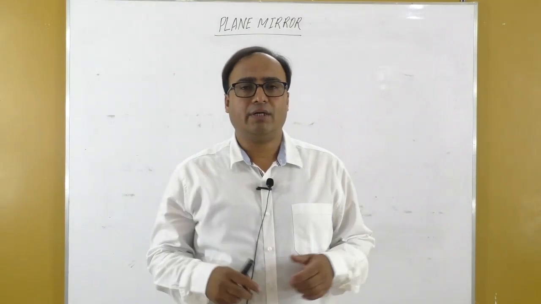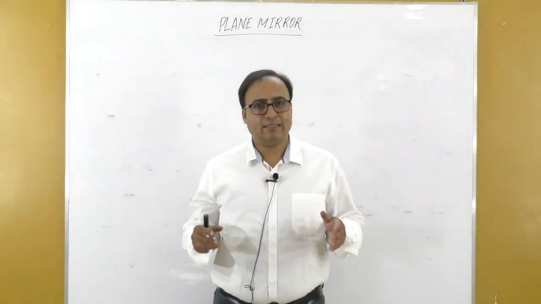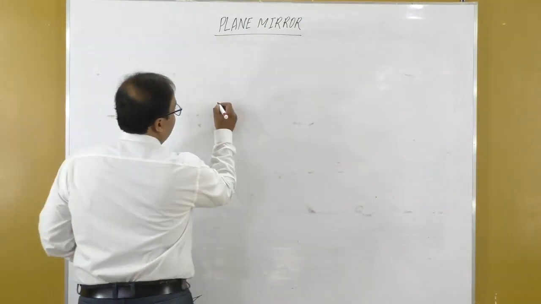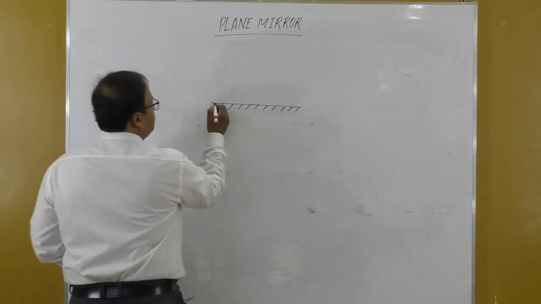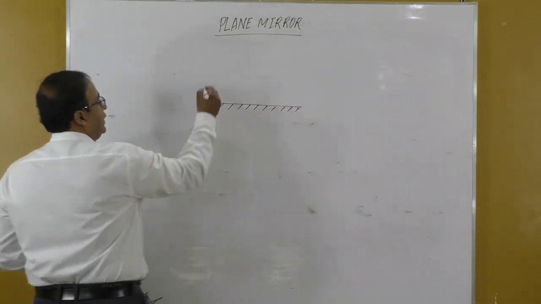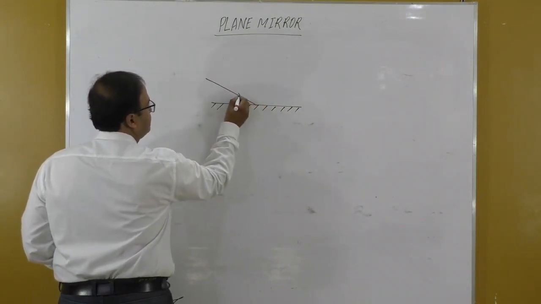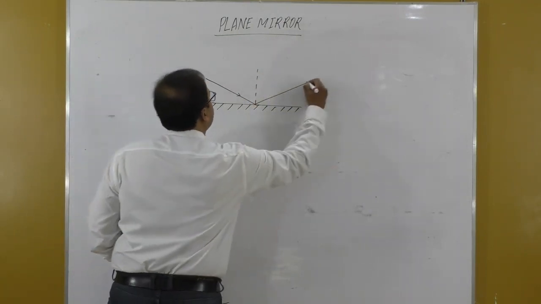Now another important concept that may not be required in the syllabus of class 10 NCERT, but is important. This is a plane mirror and a ray of light incident on this mirror. This is the normal and this is the reflected ray.